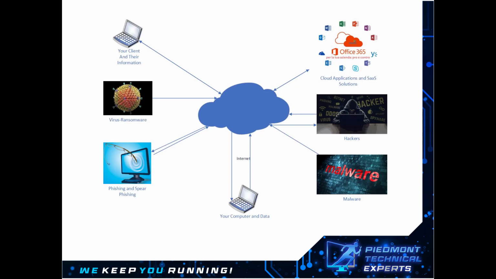You have your clients' machines, their information going to and from the internet, accessing your network to place orders, for instance, going to their cloud applications and SaaS solutions, potentially going to your cloud applications and your SaaS solutions, as well as a host of threats out there. And all the while, you need the data transfers to happen between your network and your solutions and your client and things like that. But at the same time, you want to protect that data.